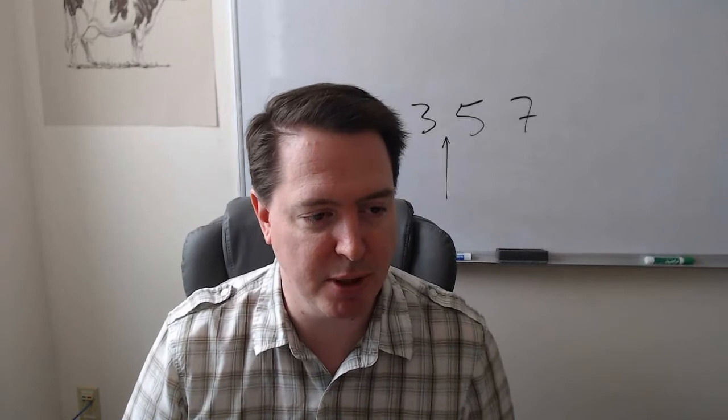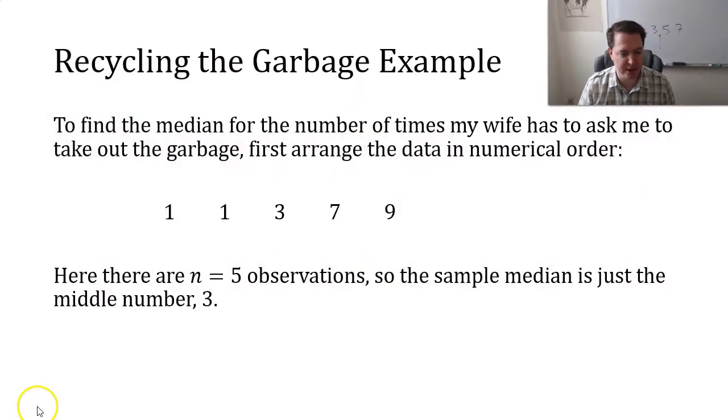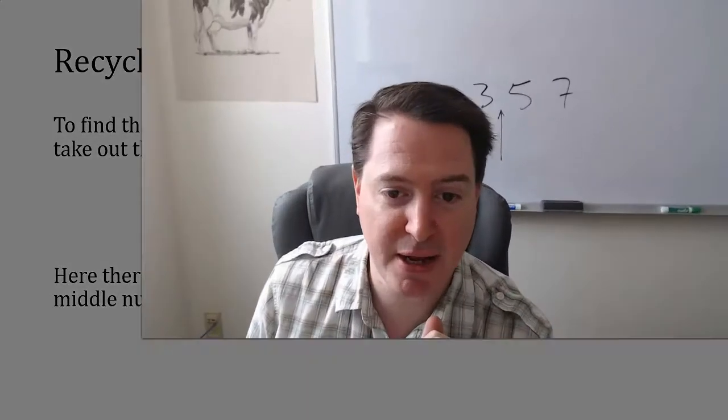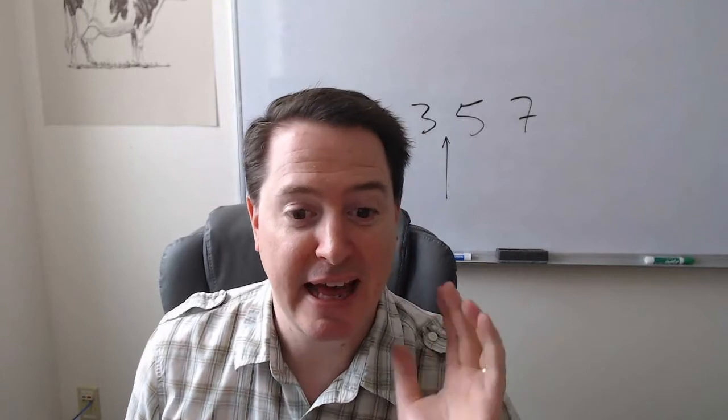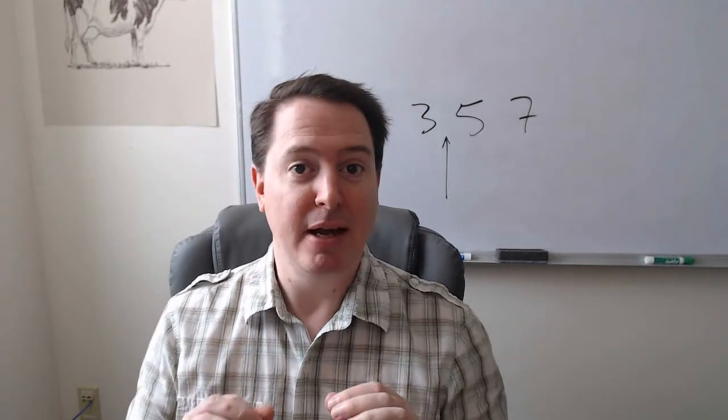Okay, so let's go through a couple of examples real quick, just to make sure we got this down. So again, my wife asked me to take out the garbage. Unfortunately, sometimes it takes an unreasonable number of times, but whatever. So if I put these in numeric order, remember that absolutely has got to be the first step. Let me reiterate, that has to be the first step.